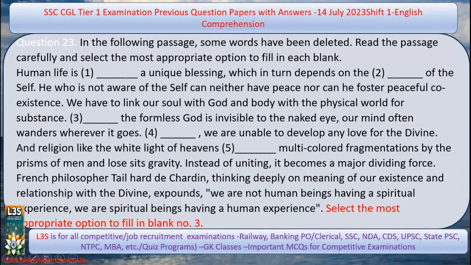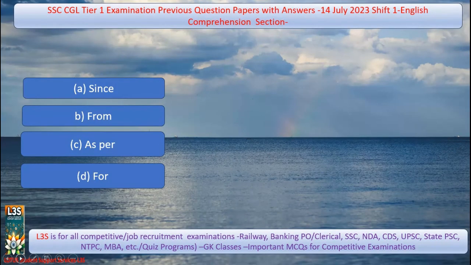Next, he who is not aware of self can neither have peace nor can he foster peaceful coexistence. We have to link our soul with God and body with the physical world for substance. Then option 3, dash the formless God is invisible to the naked eye. Our mind often wanders wherever it goes. So options are since, from, as per, for.